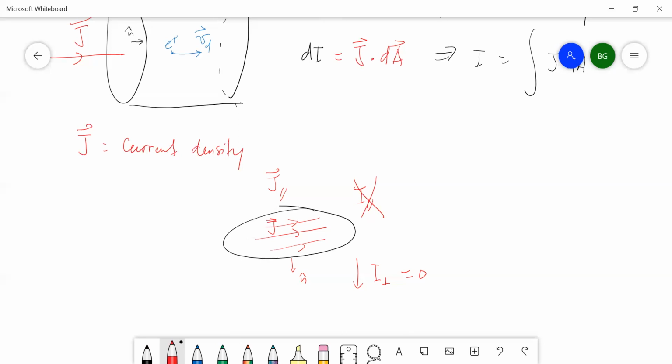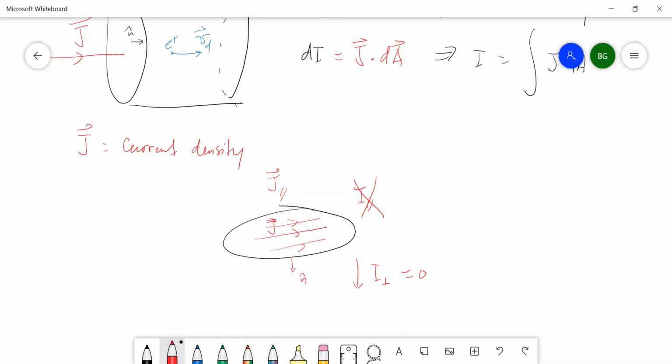So current depends on the area. Yes, of course, it depends on the area. Current density depends on how many charges and their velocity. Oh, okay.